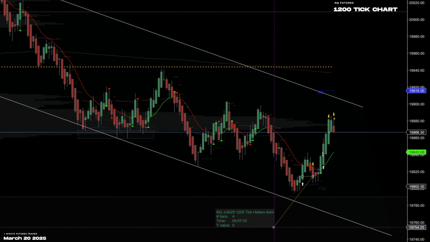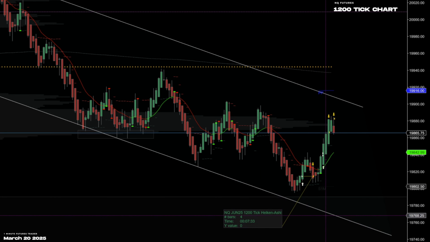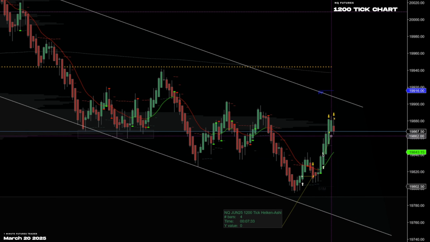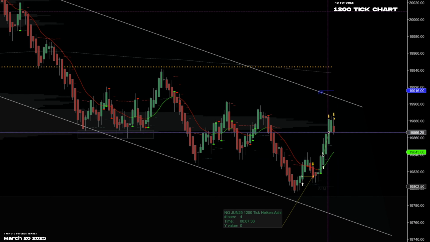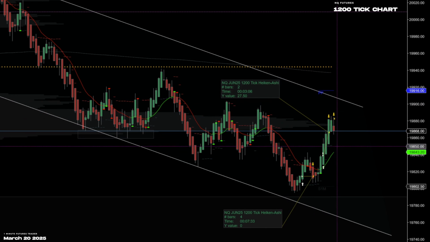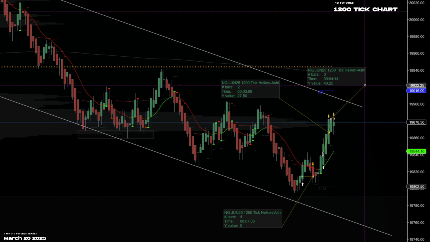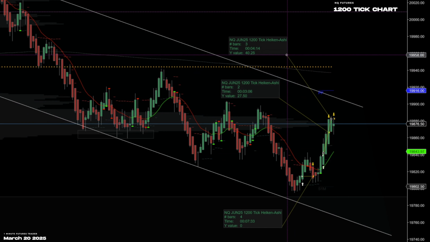So the first one was the break-even trade, and that was the one contract that I took off first. That is the second one, and I took it off right above that high volume level. Those are the 3 trades.